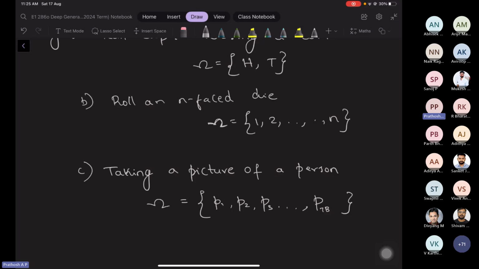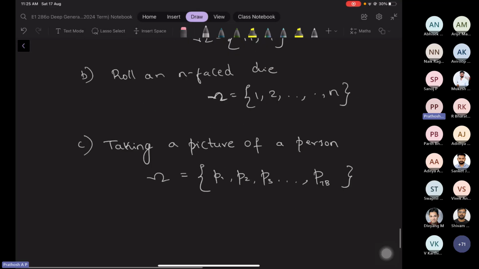Okay, so that's why I wrote the sample space, right? There are these many people, and every person now becomes an outcome in the sample space. And similarly, you can imagine, I mean, now suppose I'm recording speech.